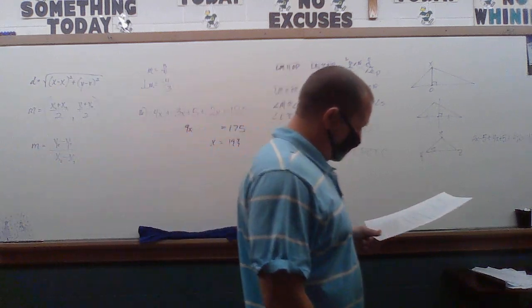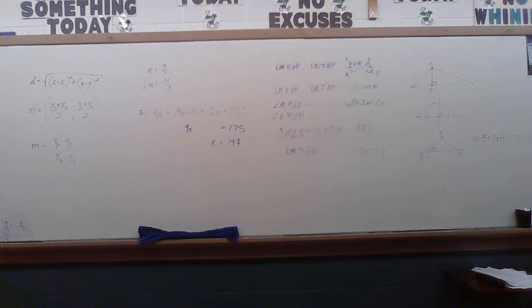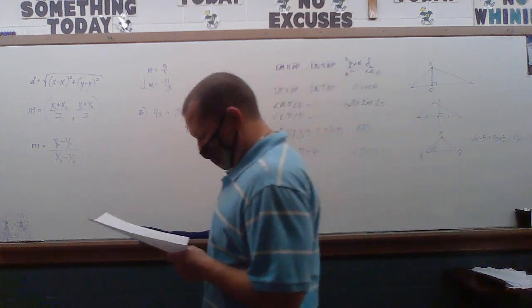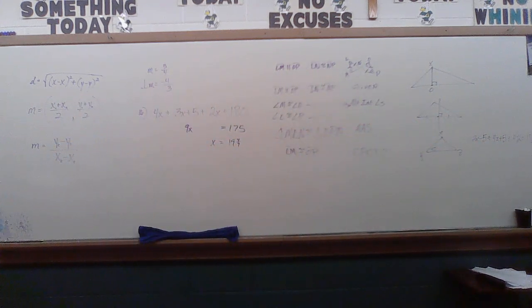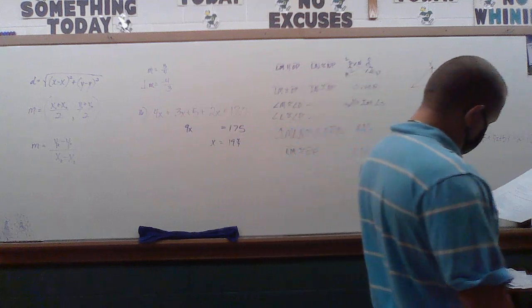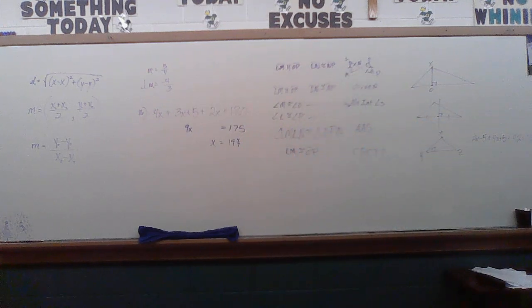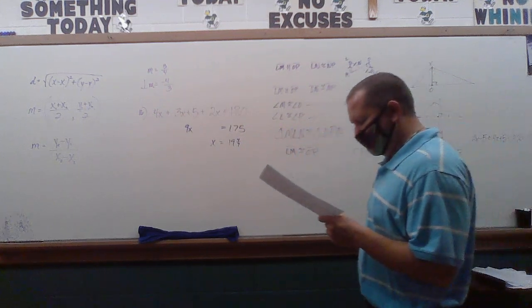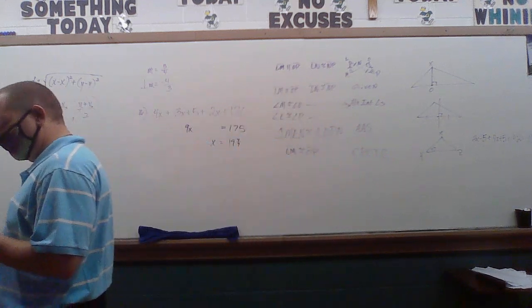Supplementary, perfect. Adjacent angles are next to each other. That one's kind of a trick question for some people. An obtuse triangle has one angle that is greater than 90 degrees.